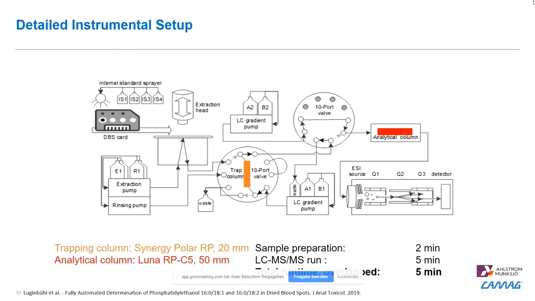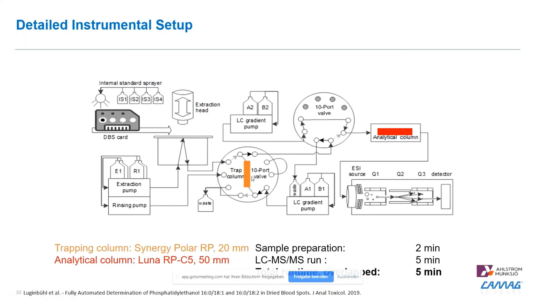The detailed instrumental setup we are using is depicted here. We use a trapping column, which is depicted here in orange. This is a Synergi Polar 2 centimeter reverse phase column, which is fitted within the DBS instrument at the 10-port valve instead of a sample loop.